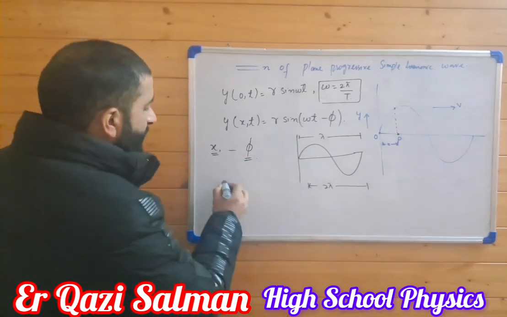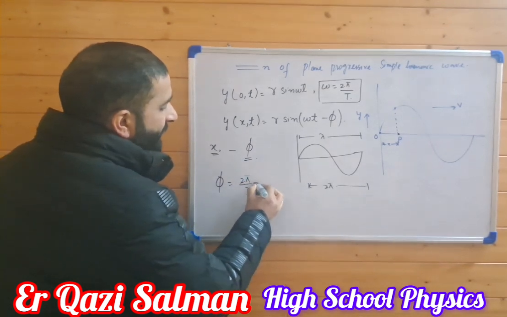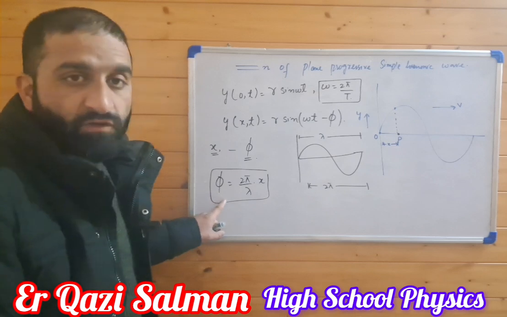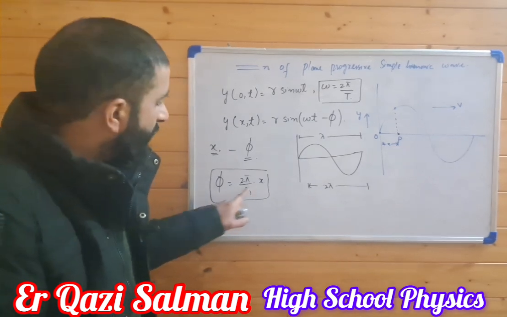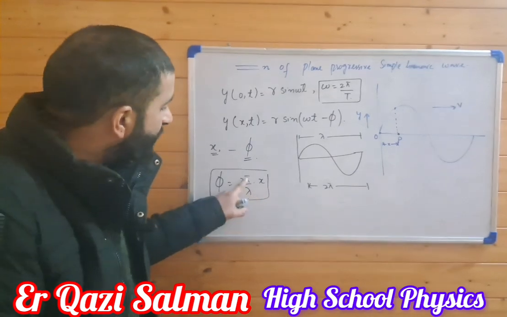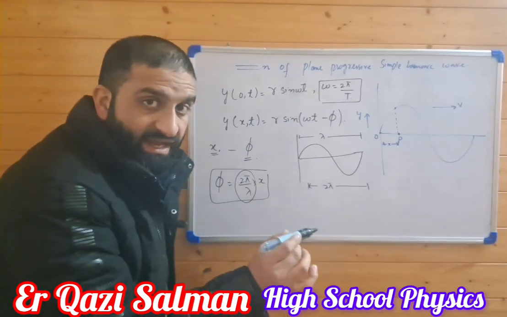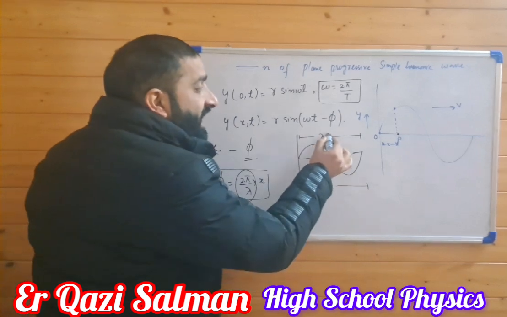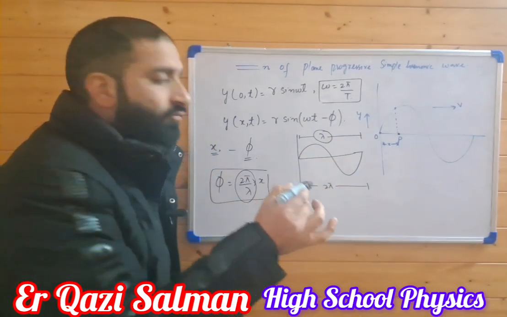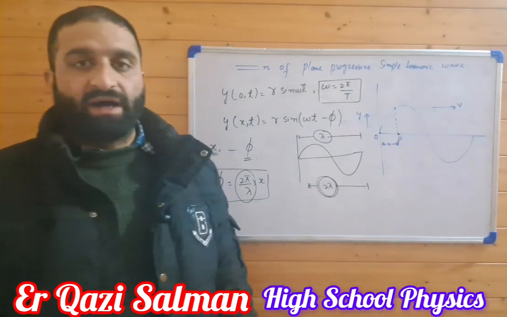That can be got: phi is equal to 2 pi divided by lambda into x. That means a phase angle of phi is equal to 2 pi by lambda into x, where x is the path length and 2 pi by lambda is the conversion factor, as when the wave travels one full wavelength, it subtends an angle of 2 pi.